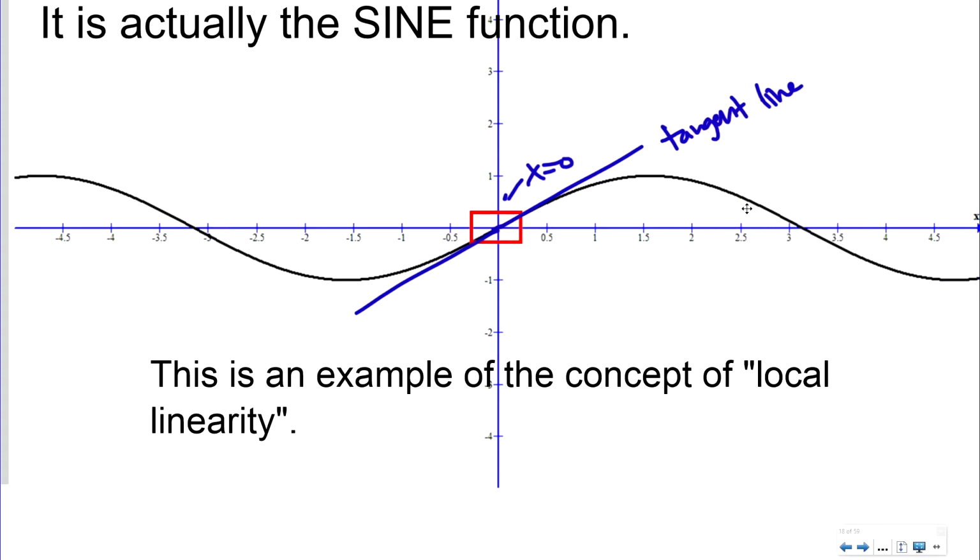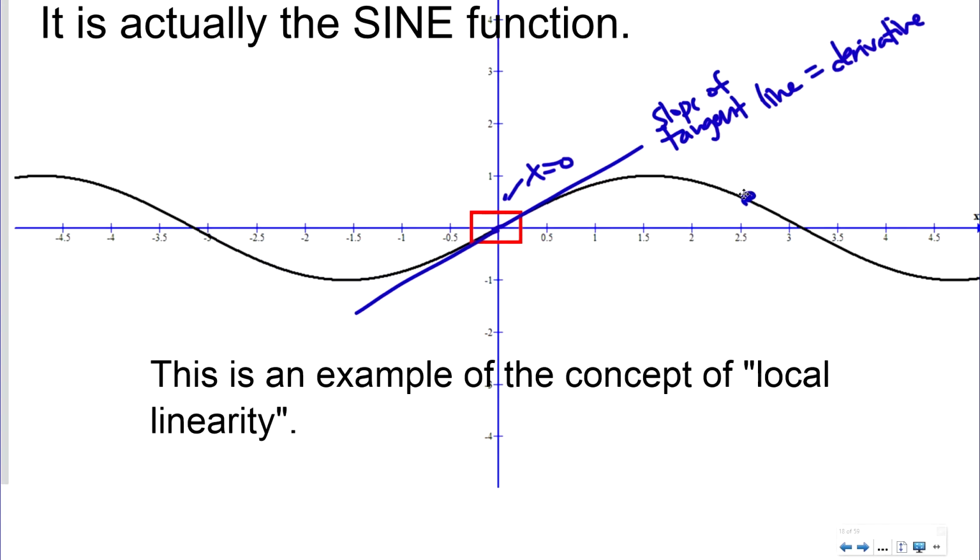All right, so the slope of this tangent line is actually what we call the derivative. So this is a tangent line. The tangent line isn't called the derivative, but the slope of this tangent line is called a derivative.